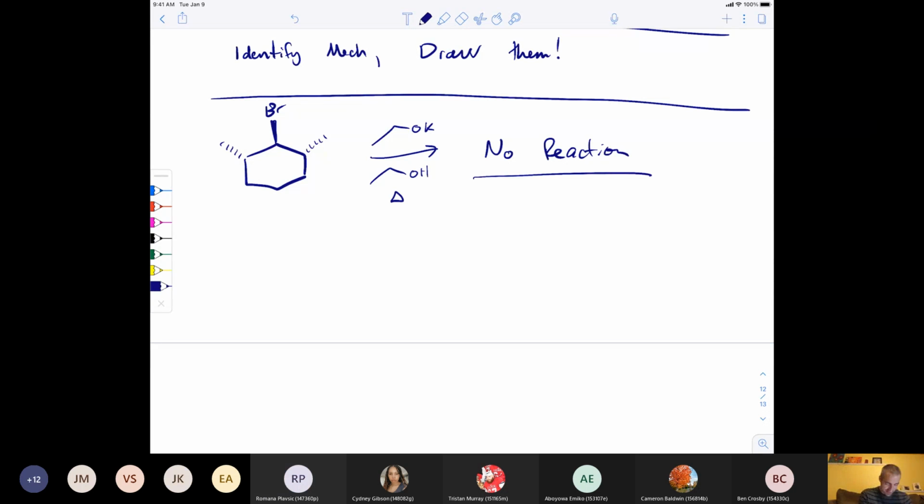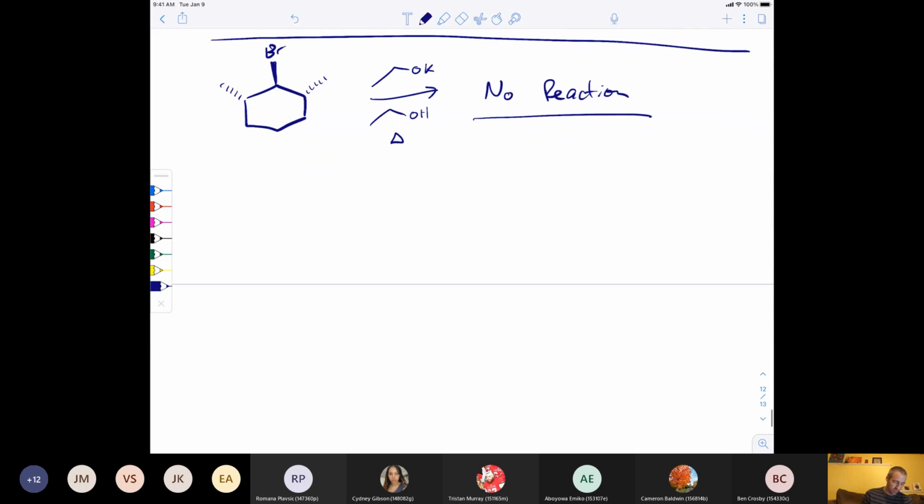All right. So this was the question that was asked on a former midterm or former final exam. Given this set of conditions, we said there's no reaction when you do this. Even if you heat it up, nothing happens.